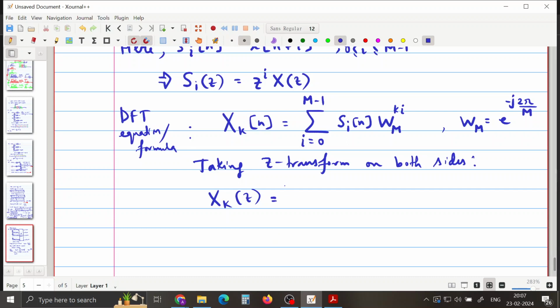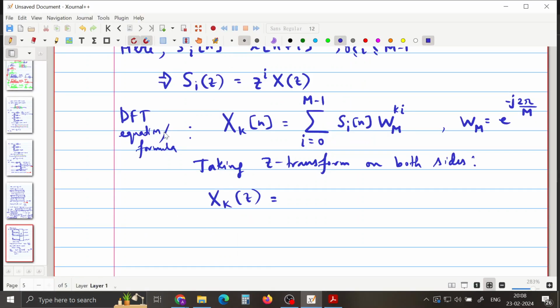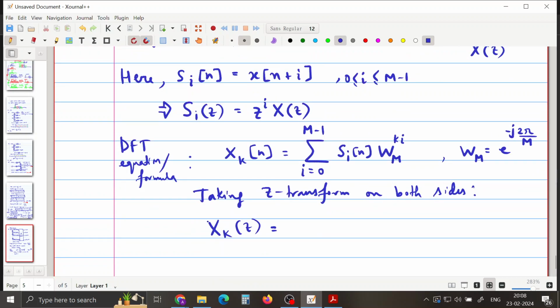We are taking the z transform of this, so we are getting capital Xk of z.